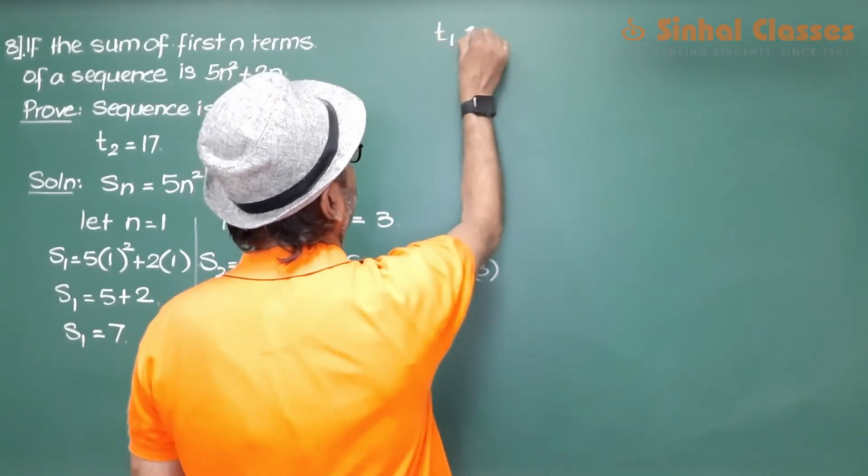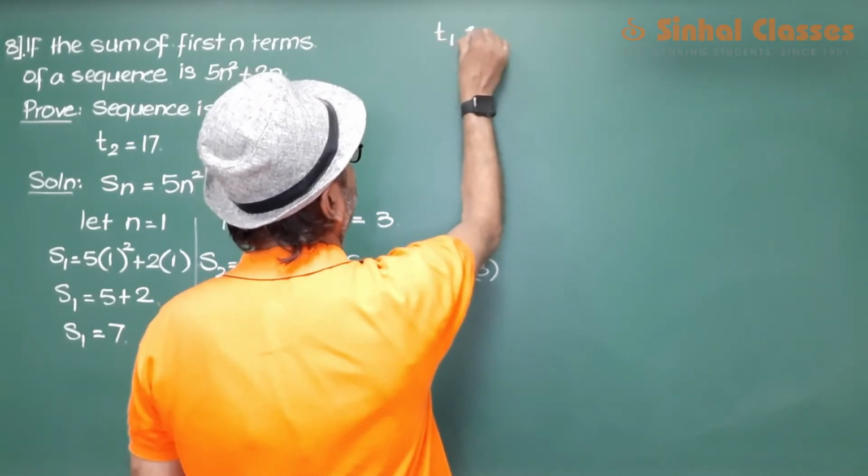So 495 divided by 5 is equal to n minus 1. On solving, you get n is equal to 100.